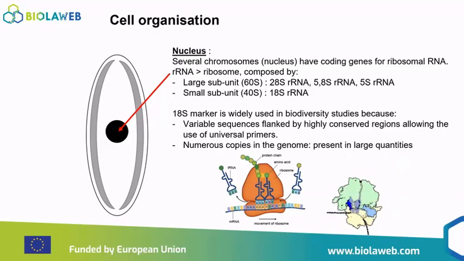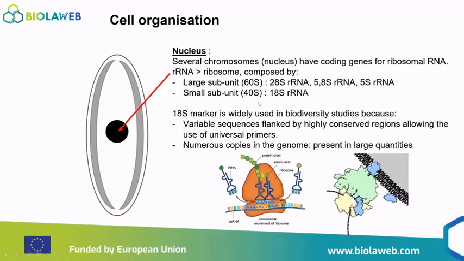And so RNA, as you know, this is what is symbolized here, gives the ribosome after that. In this ribosome, you have two subunits, the large subunit that you can see here. So it's 16S, which is composed of several genes. So we have 28S, 5.8S, and 5S. And the small subunit here, which is composed of 18S.